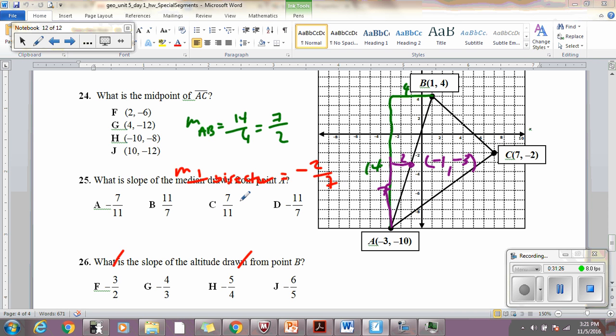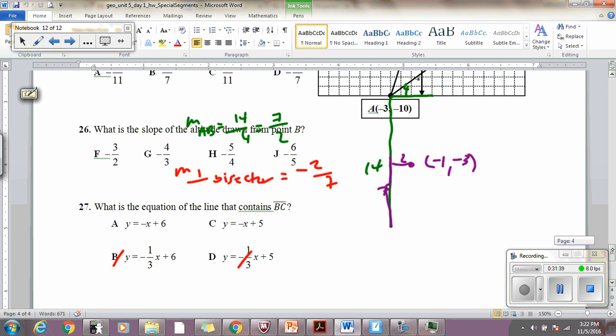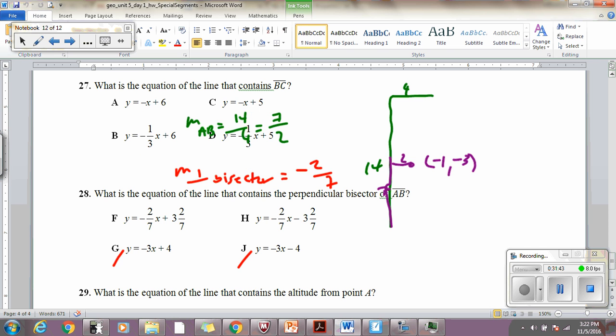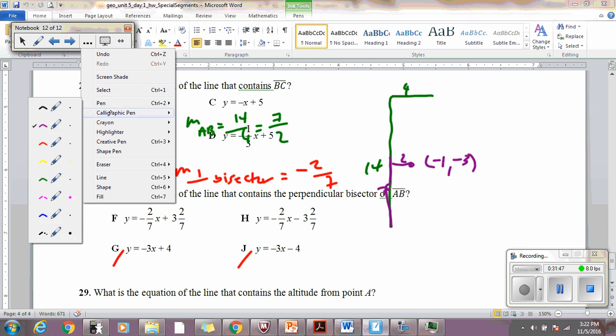So I'm going to use that point to calculate the y-intercept. Properly. So again, to find the y-intercept, we're going to use y equals mx plus b.